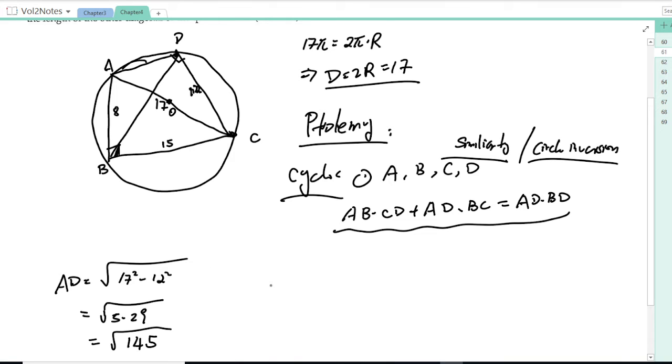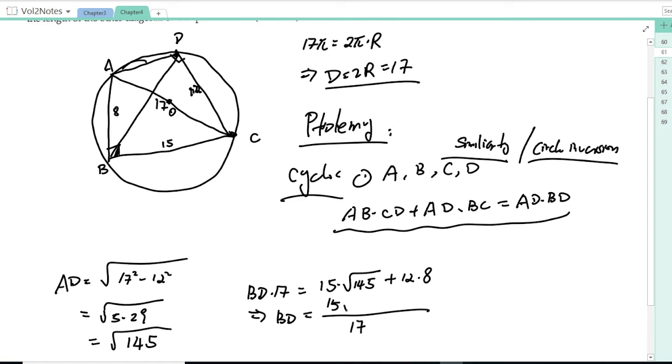Now if you solve for BD, BD times 17 equals 15 times root 145 plus 12 times 8. Then BD equals (15 root 145 plus 96) over 17. If you know Ptolemy's theorem, this one is very simple.